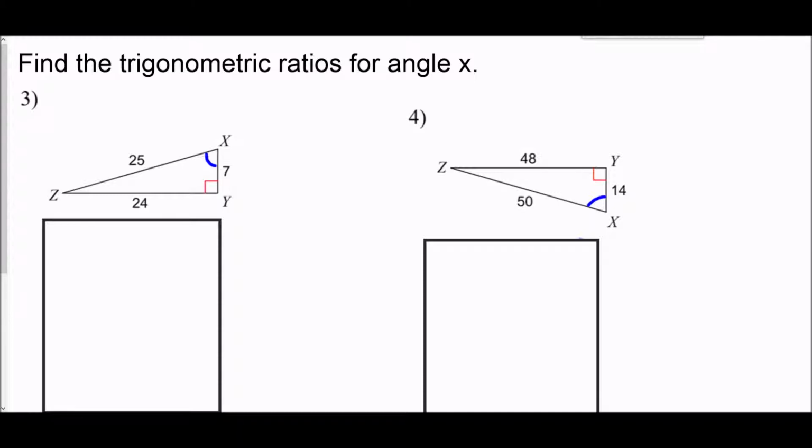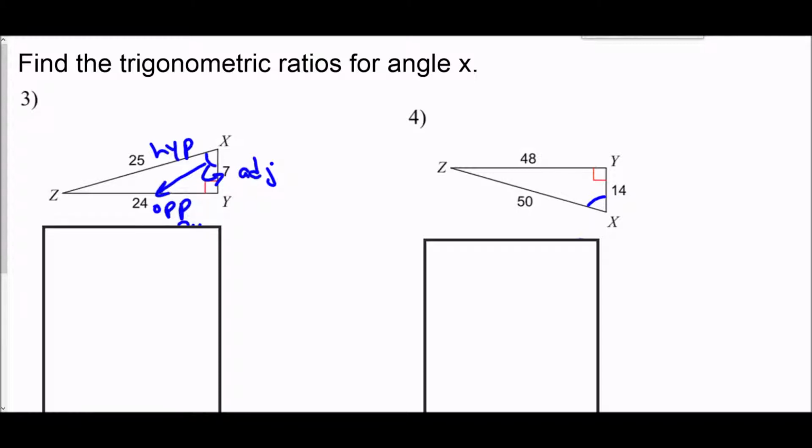If this is our angle, that means that 24 is the opposite, 7 is the adjacent, and 25 is the hypotenuse. The opposite is always directly across from the angle. The hypotenuse is always opposite the right angle, and the adjacent is the third one that's left.